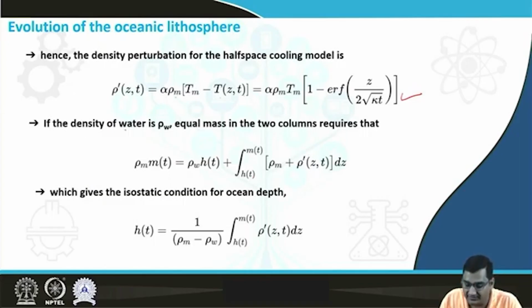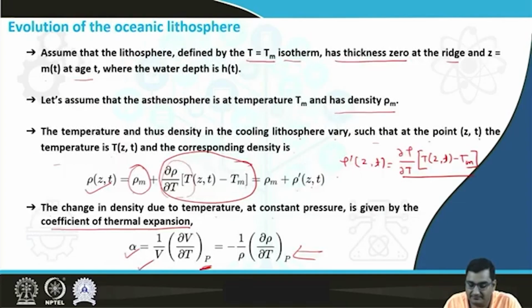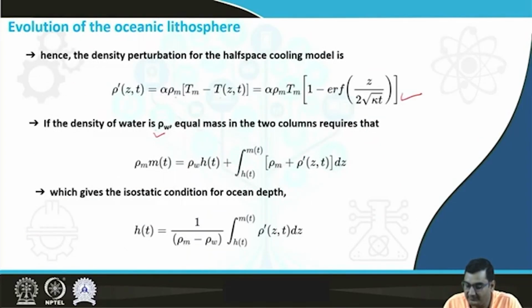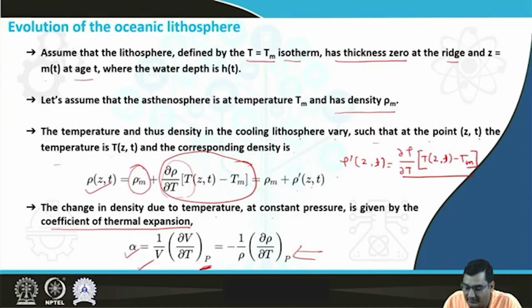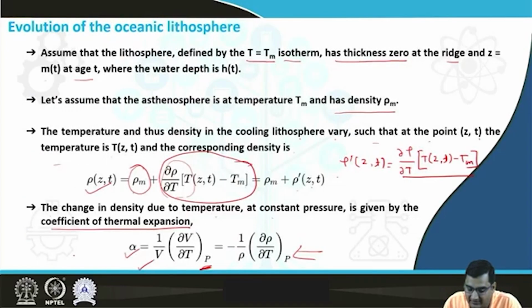If the density of the water is rho w, then from the principle of isostasy, the mass in both of the columns should be the same. So when this mass is the same, that means rho m, the density of the asthenosphere at the location of the ridge, and the total height is m(t).